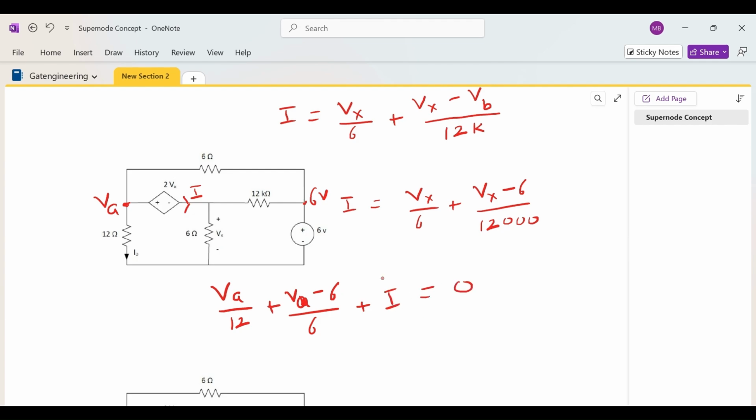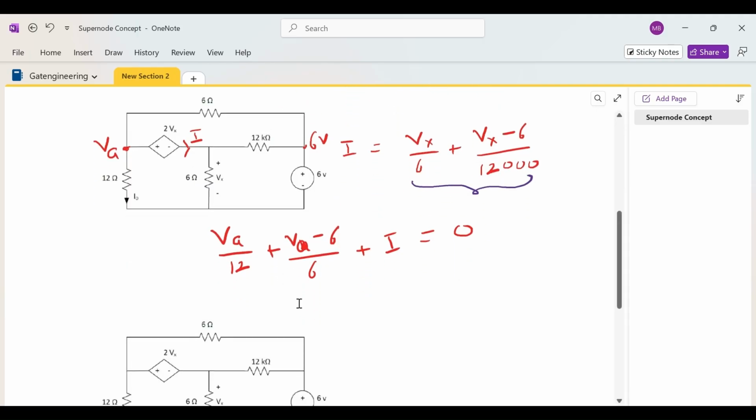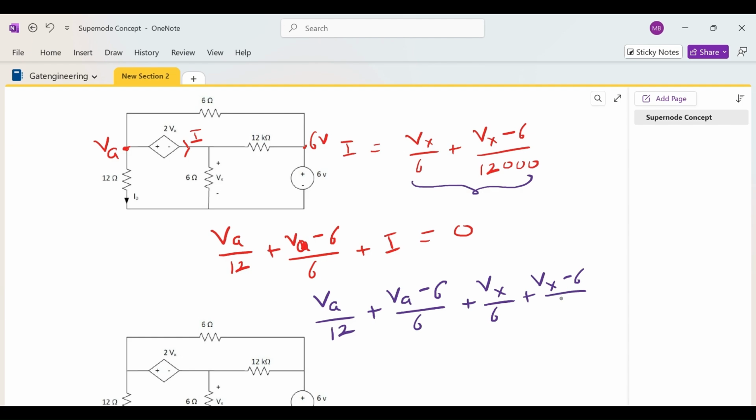Now this I will be replaced by the earlier equation. So we can write Va divided by 12 plus Va minus 6 divided by 6 plus Vx divided by 6 plus Vx minus 6 divided by 12,000, which is equal to 0.